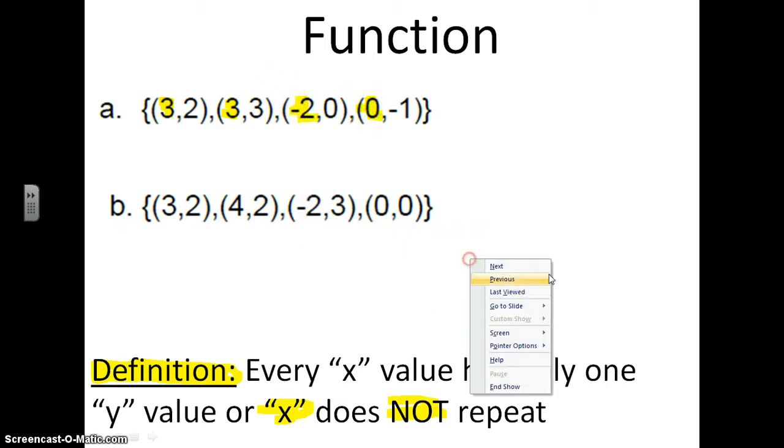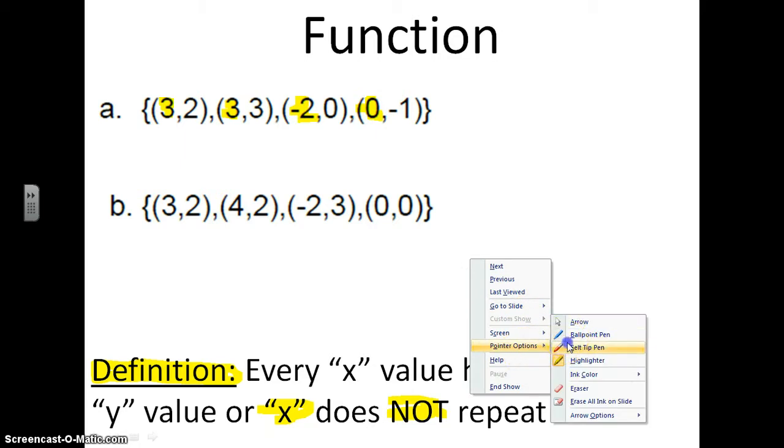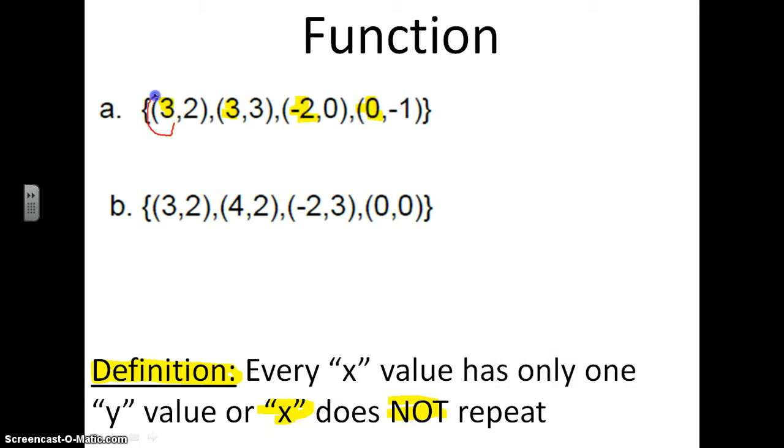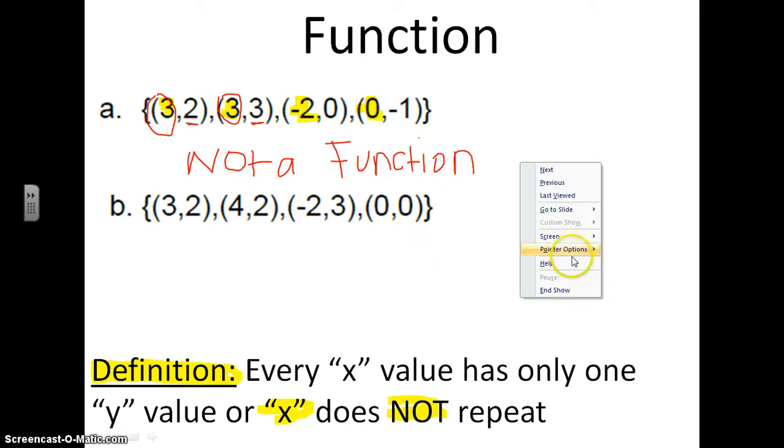So, right here, since x repeats and has different y values, it is not a function. Okay? Since x repeats and has different y values, it is not a function. Okay? Let's look at the next example.